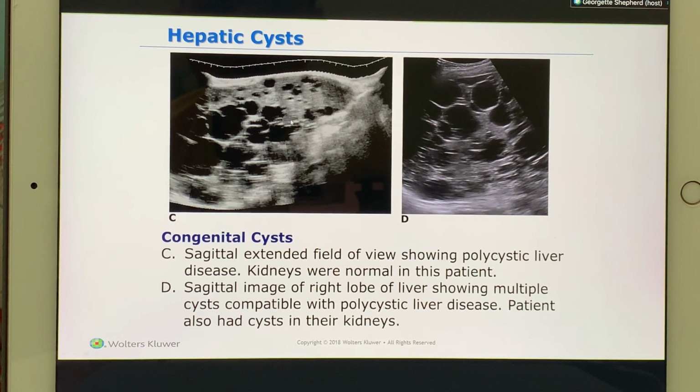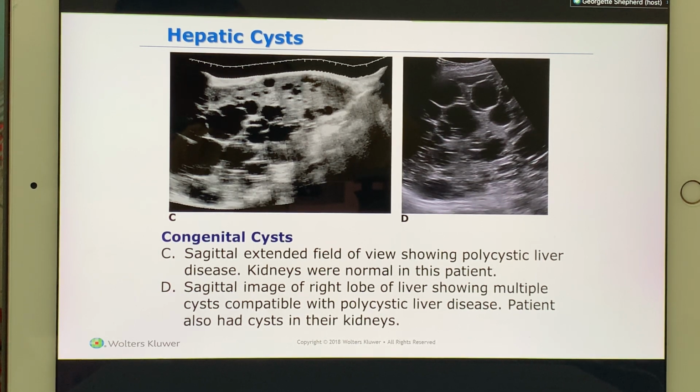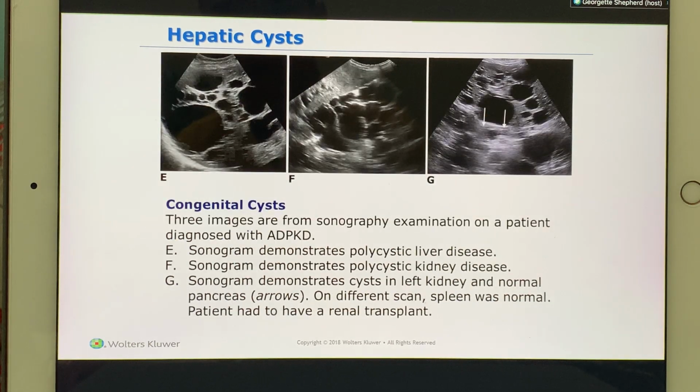So if I see hepatic cysts, I'm going to expect to see a kidney cyst if they have PKD. If they just have PLD, I'm not going to see a renal cyst. Understand? Okay.